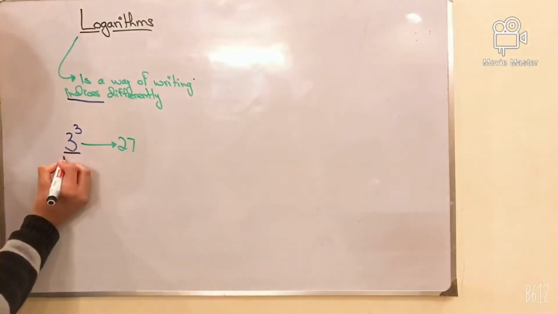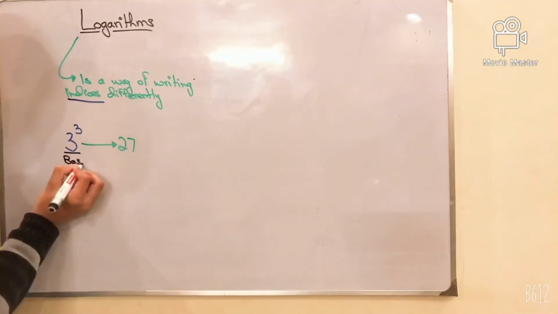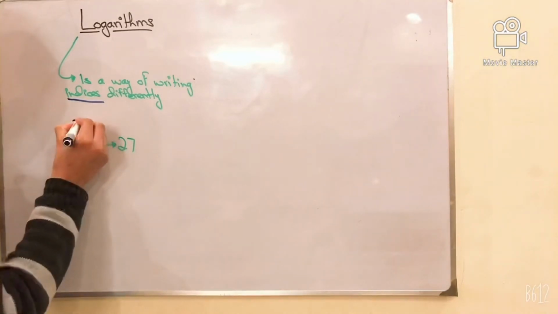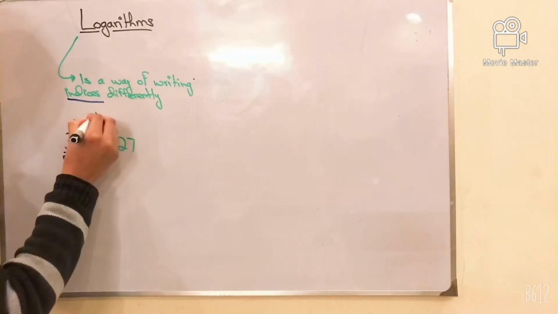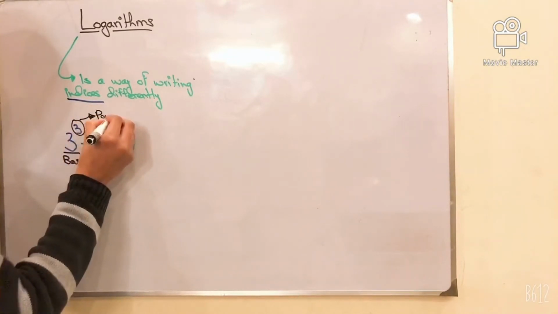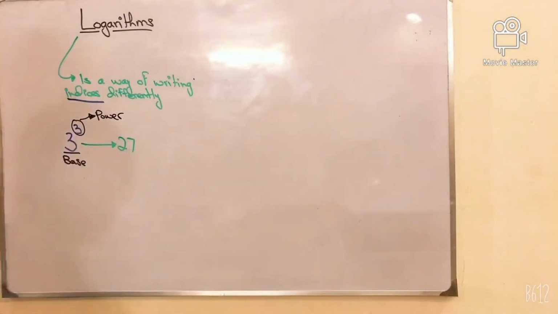This is the base and this is the power. This 3 tells us that the base is multiplied 3 times to itself. Is there a way that we can write this differently?